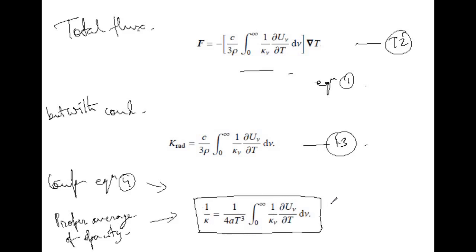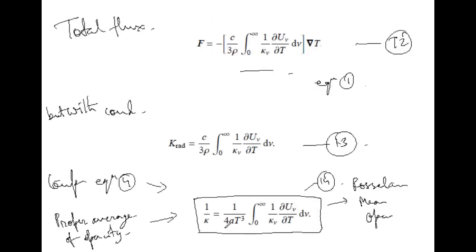Okay, and this is known as Rosseland mean opacity. This is equation 14, by the way. Now you see the factor 4a cube appearing here is equal to, let me write it down.